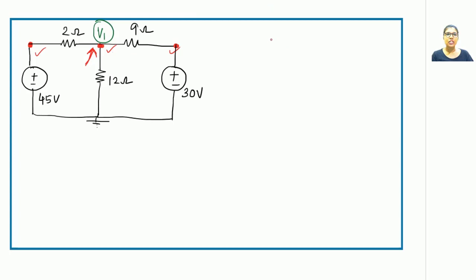As I've stated earlier, for nodal analysis one has to write the KCL. KCL means you have to write the equation either in terms of I or in terms of V upon R. There is no other way to write the KCL. You cannot write the KCL only in terms of V. That is incorrect, because KCL is the summation of current entering equal to the summation of current leaving, based on the conservation of charge principle.